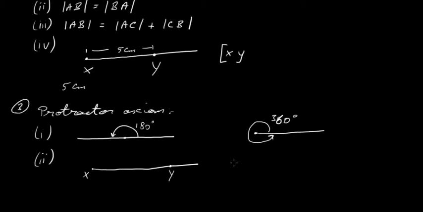Given any ray xy, there is exactly one angle of, let's say, 60 degrees. There's exactly one angle on either side of the ray that's 60 degrees. So in other words, that's 60 degrees there, and this is also 60 degrees here. So there are two angles, one on either side of the ray, that's any particular angle, in this case 60 degrees.